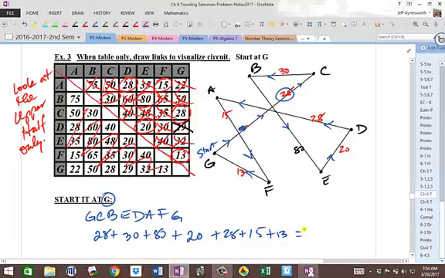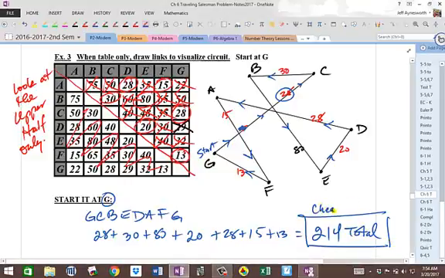Okay, and if you add all those up, my friends, you get 214 to be total. All right, and that, my friends, is using the cheapest link algorithm. So the total weight here, we don't know if it's optimal, but we do know that we have a solution right now by what's called the cheapest link algorithm.